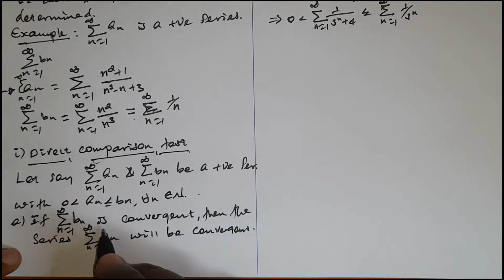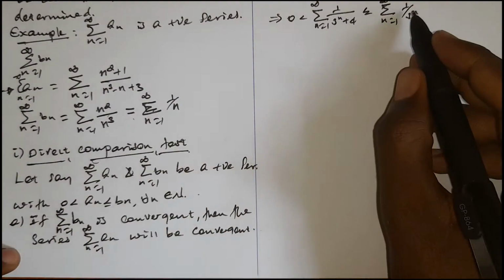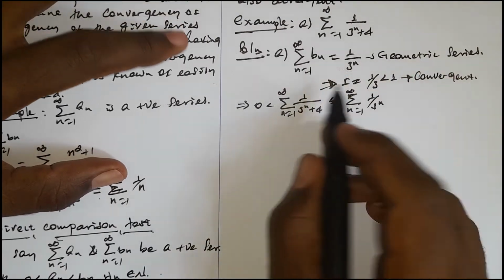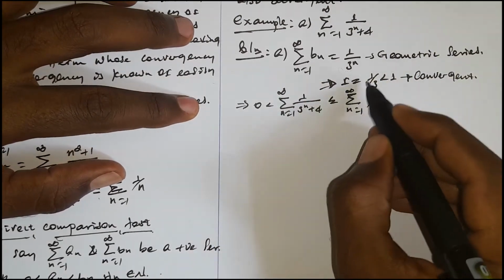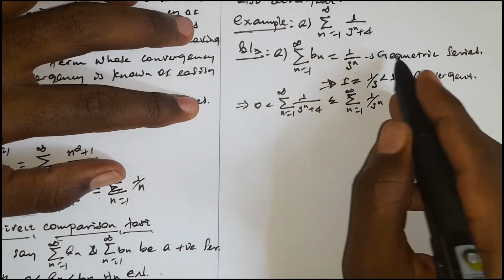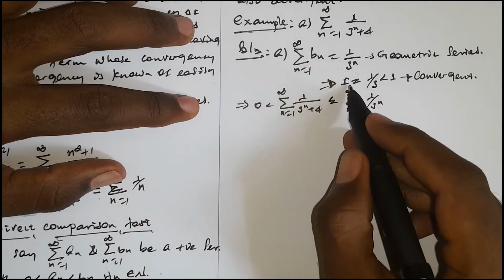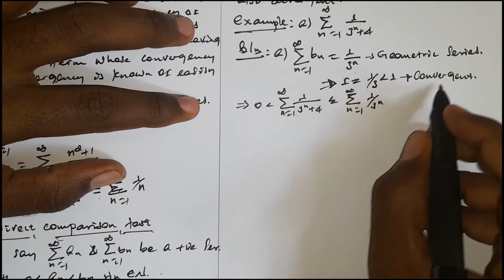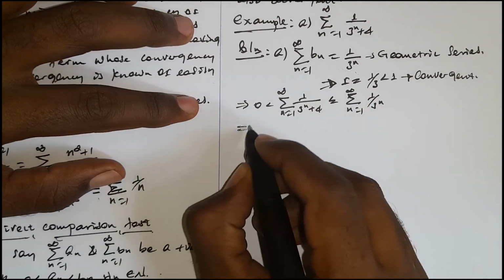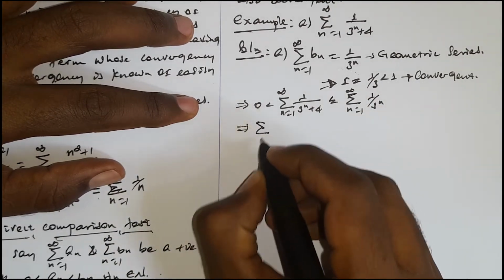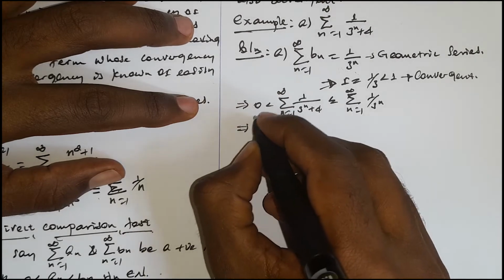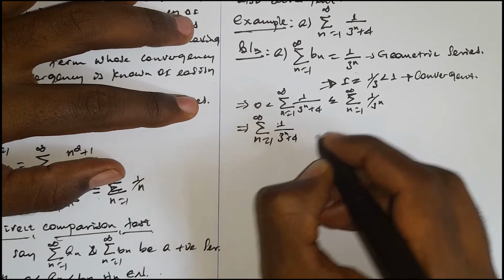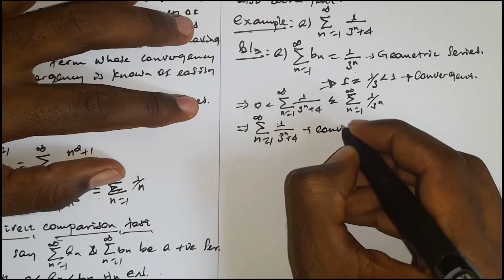The Bn is convergent because we got it here: Bn is a geometric series with a common ratio less than 1. So the given series becomes convergent. From here we conclude that the given series, the summation from n equals 1 to infinity of 1 over 3 power of n plus 4, is convergent.